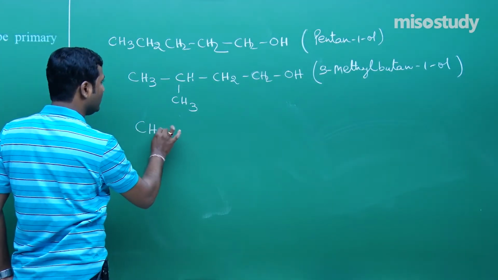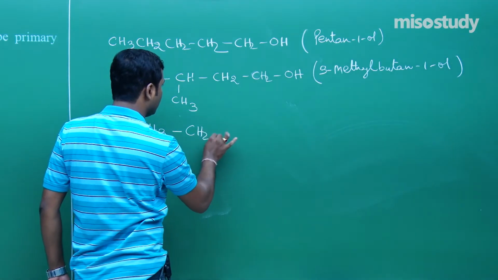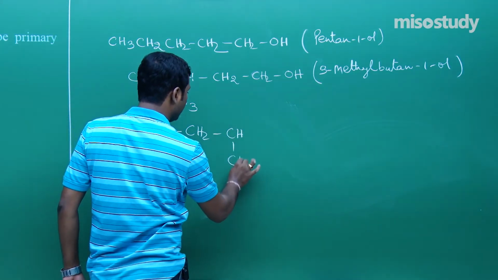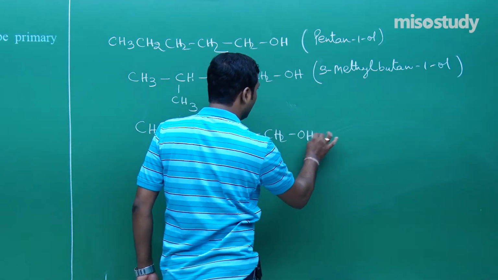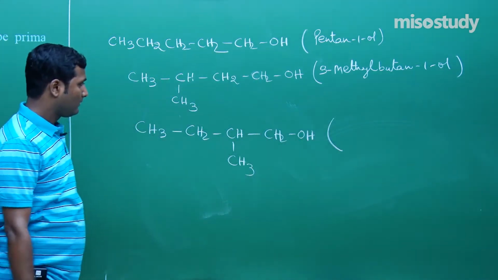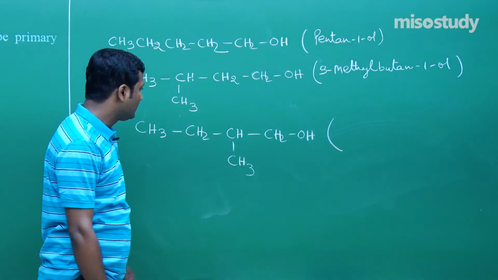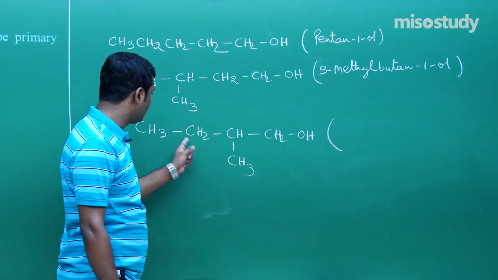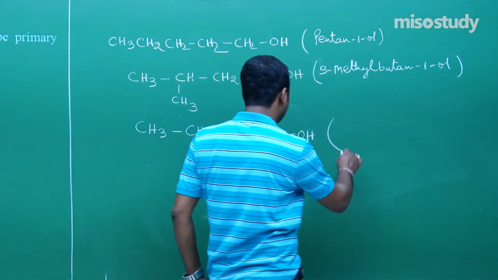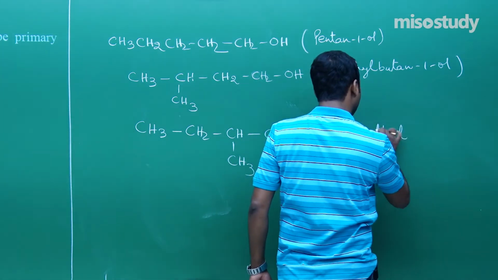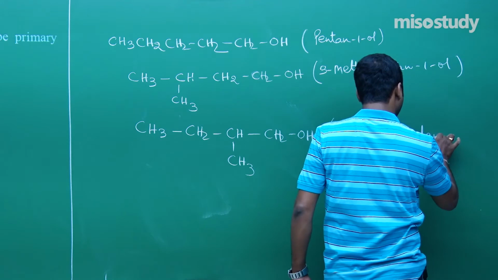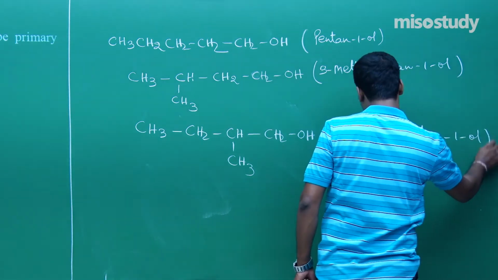If I write CH3, now put here CH2, now put here CH3, now put here CH2, now put here OH. Now the name of this compound, that is 1 2 3 4, that is 2-methyl butane 1-ol. Clear?